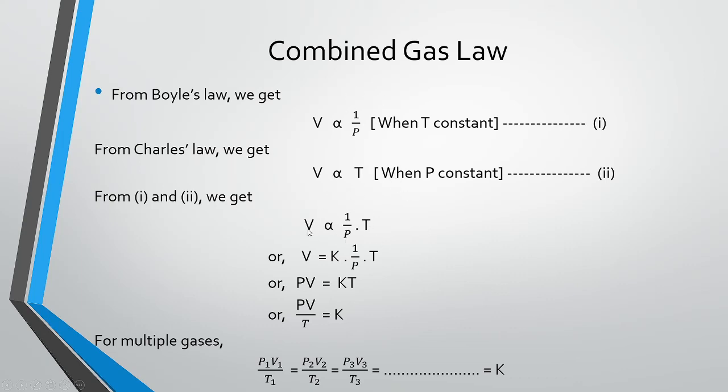Okay, so if we combine both the relations, then we can say that this is the final verdict of the mathematical explanation. Then we are saying that pressure times volume, divided by temperature, will be a constant K, and for multiple gases the product of pressure and volume divided by temperature will be a constant K.